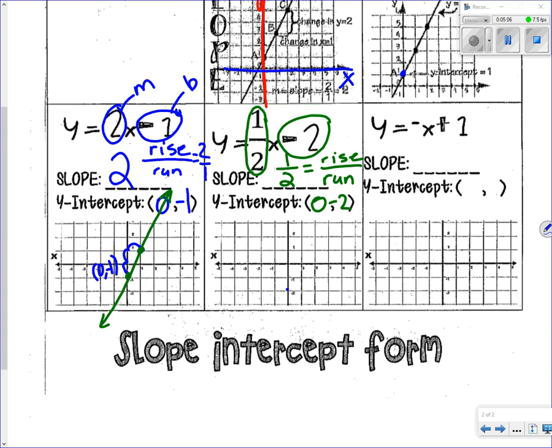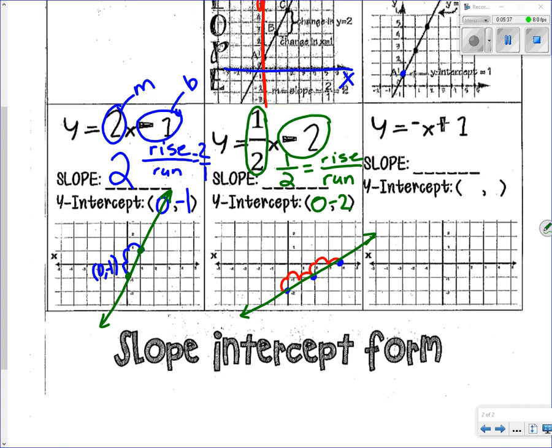And we have -2 down here. We're going to rise 1 and run 2. Okay, now we can draw our line, and there we graphed our line.